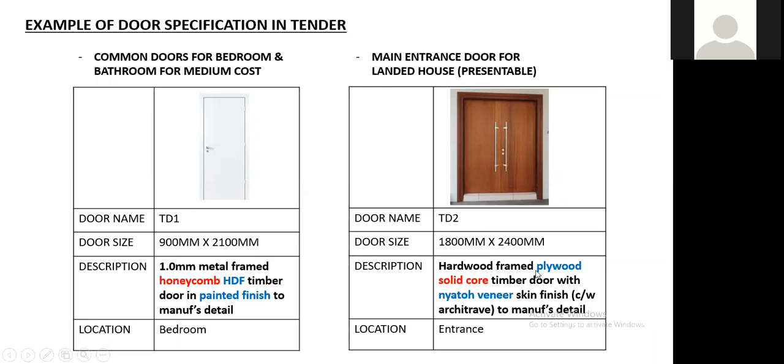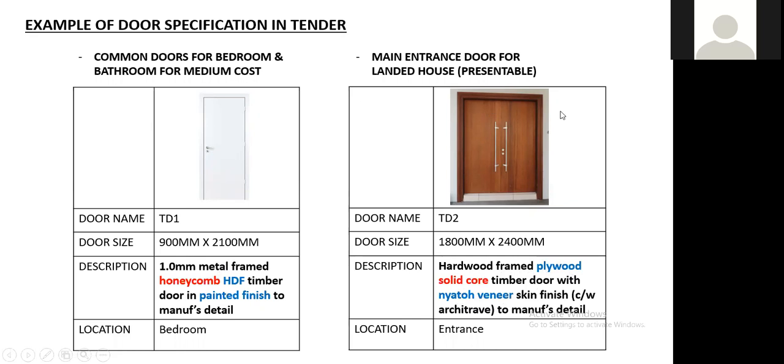So hardwood frame, plywood. Now I use plywood, plywood solid core. The solid core is the infill, and the plywood is the skin itself. So skin, infill, and finishes. So plywood, solid core timber door, meaning we're using solid core now, not honeycomb, with veneer, or you can have vinyl laminate skin finish.